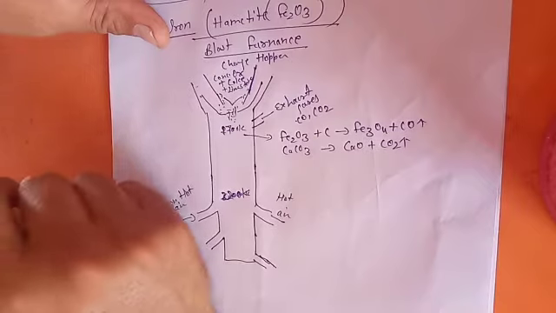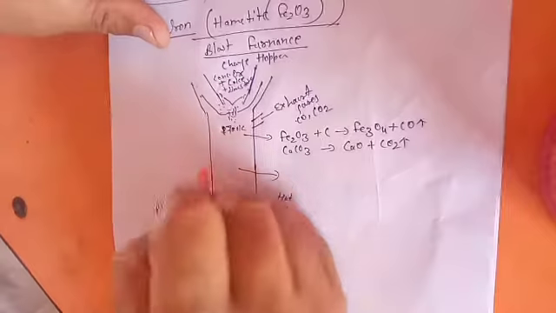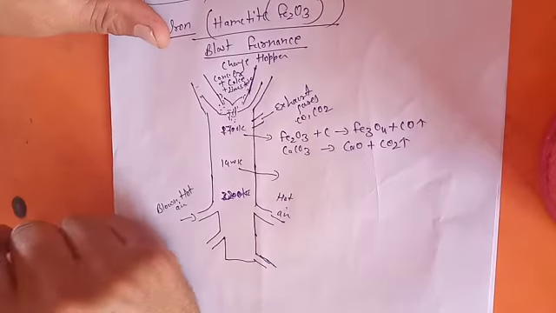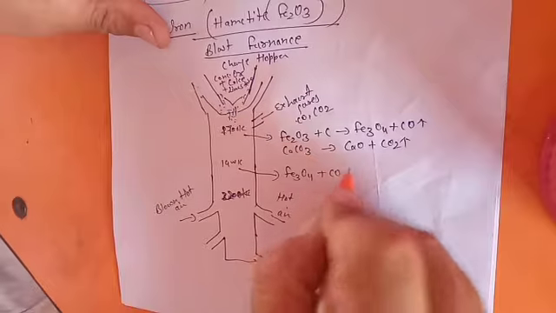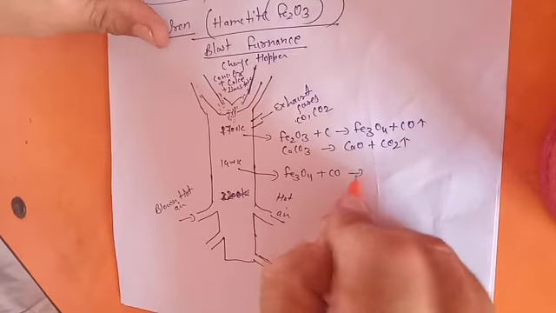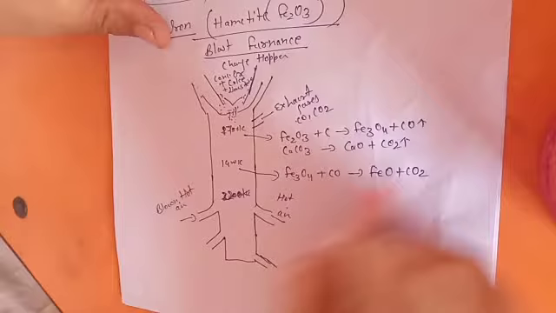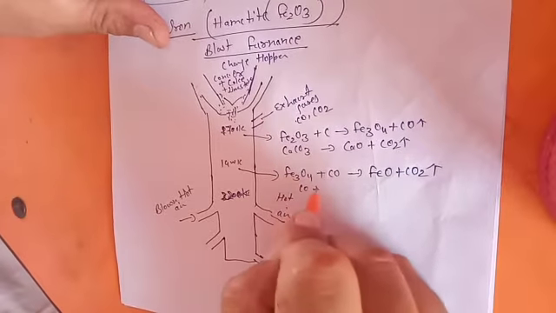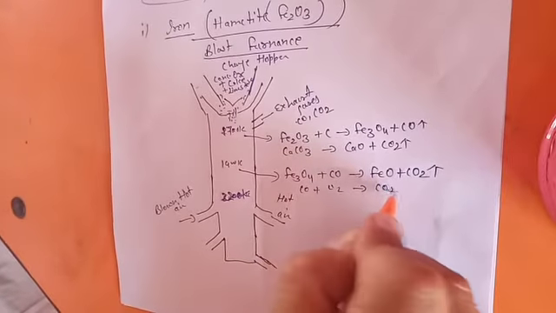When we move down, to a somewhat higher temperature range, Fe3O4, with the help of the carbon monoxide we already have, starts getting converted into FeO plus carbon dioxide. Carbon monoxide itself also combines with oxygen to become carbon dioxide.